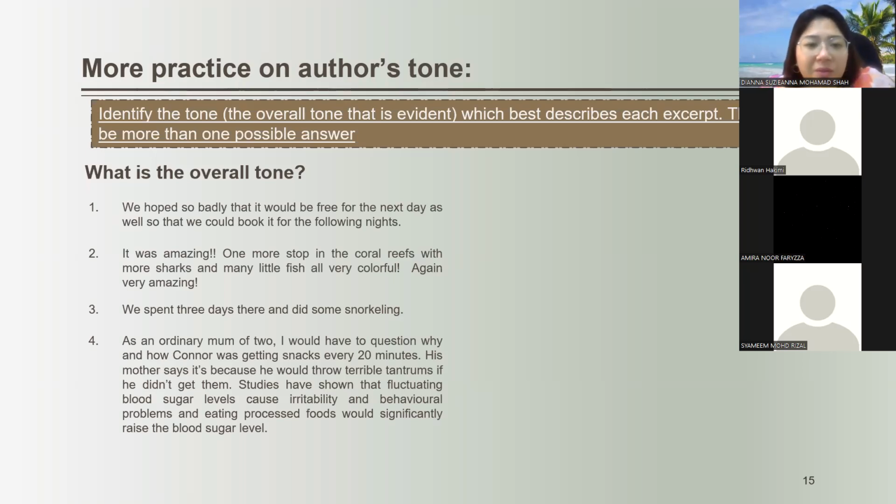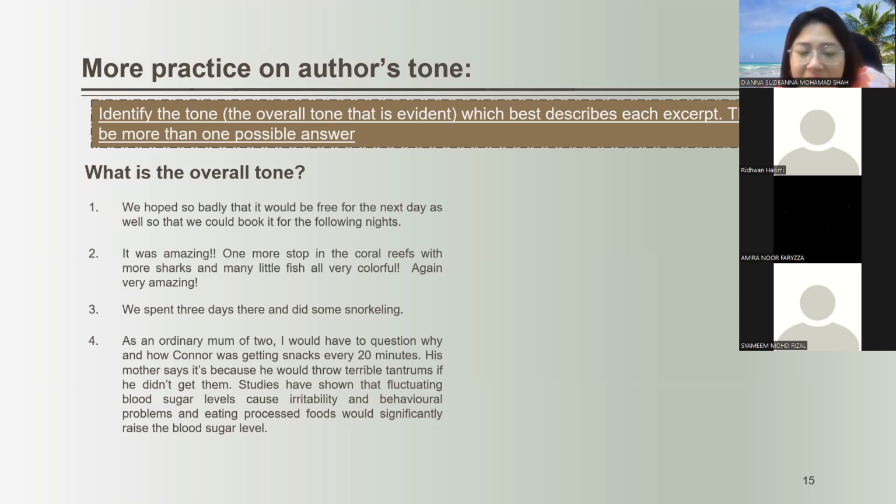Okay, let's take a look at number 1. For example, we hope so badly that it will be free for the next day as well, so that we could book it for the following night. Okay, so you identify the tone. The overall tone that is evident, which best describes each excerpt. There can be more than one possible answer.